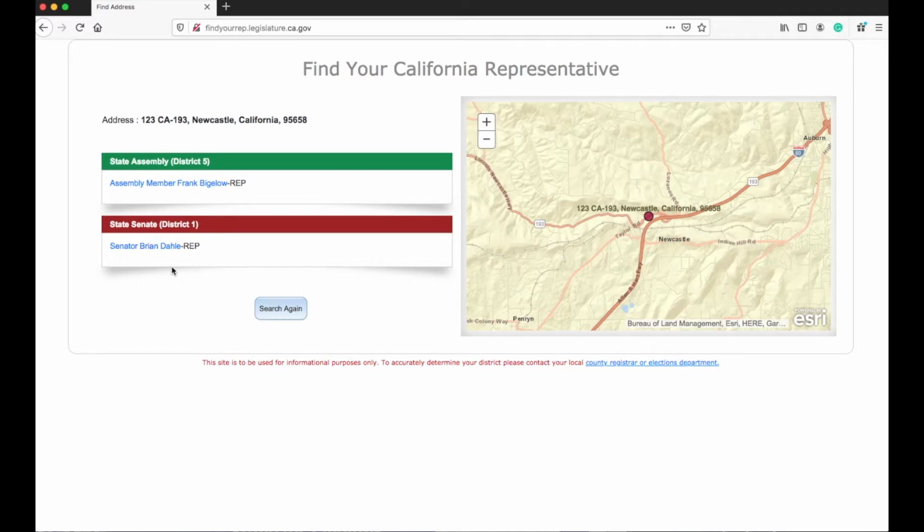They're completely different lines. So there are 80 assembly members, 80 assembly districts, and there are 40 state senators and 40 Senate districts. So if you look at your area, when you type in your address, you'll be able to see who your state assembly member is and your state senator. Everybody has one of each.